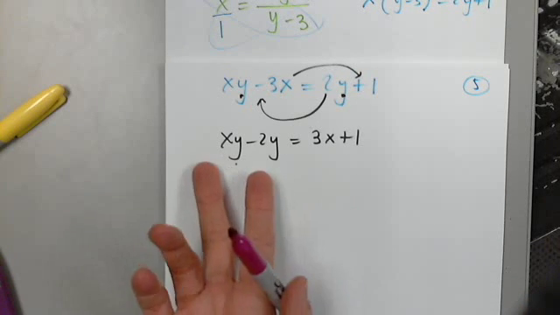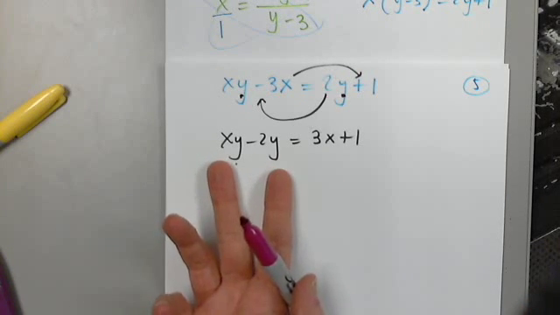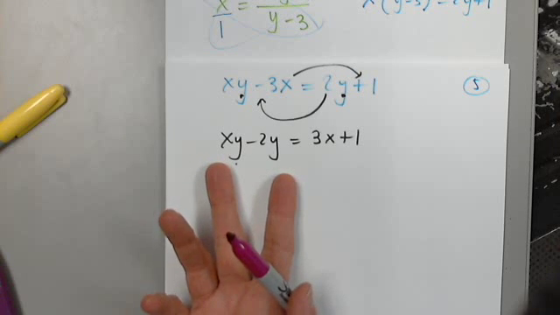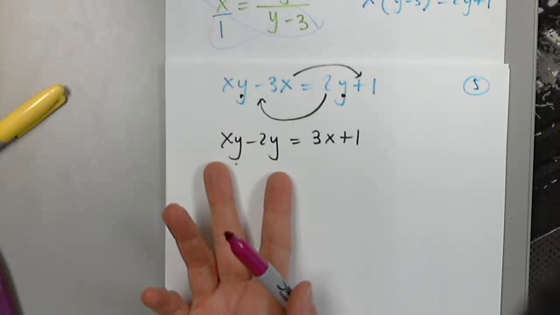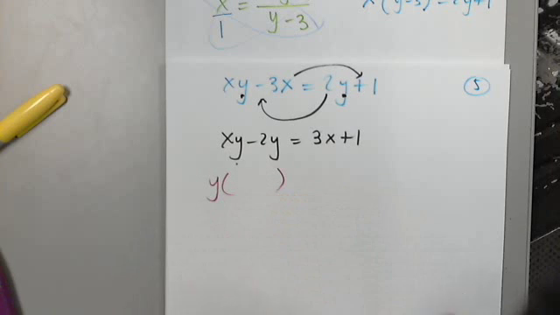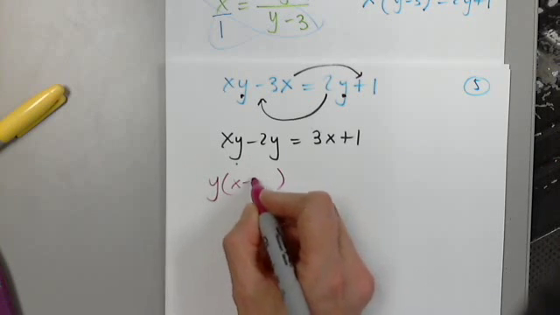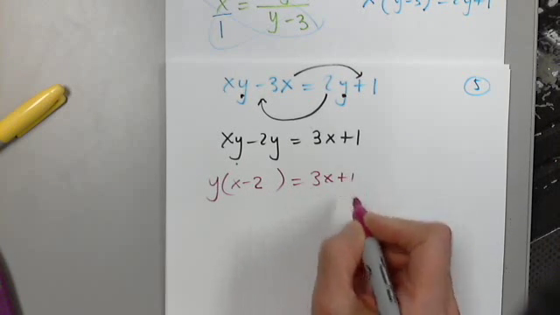I want to solve for y, but I cannot combine these. So what is the other option? The only other option? By factoring out y. Right? That's the only way. If I cannot combine them, I have to factor out y and get y times x minus 2 equals 3x plus 1.